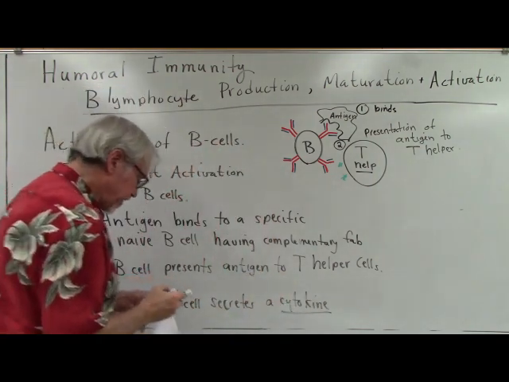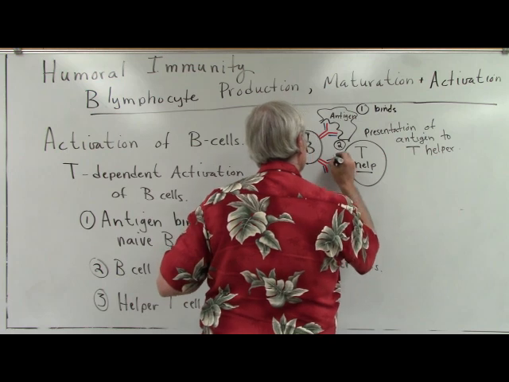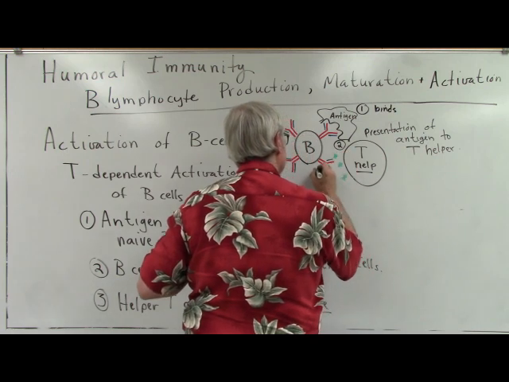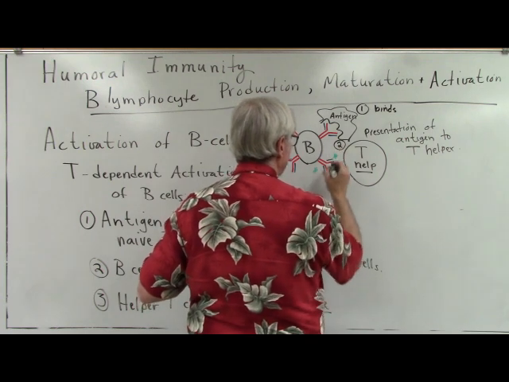And then 3, the T helper cell is secreting these cytokines. And these cytokines then are going to activate the B cell.